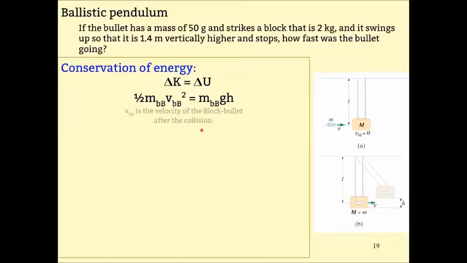Okay, so VB is the velocity of the bullet and block after the collision. So we're going to calculate that and use it, and then look at the conservation of momentum of the collision.